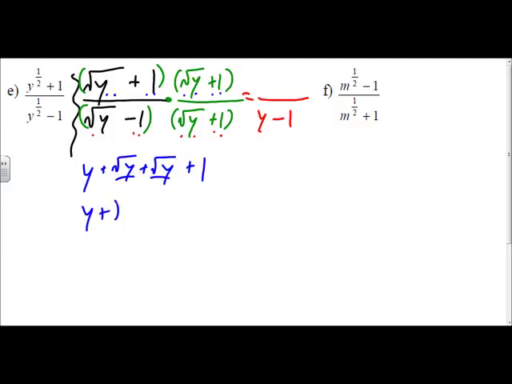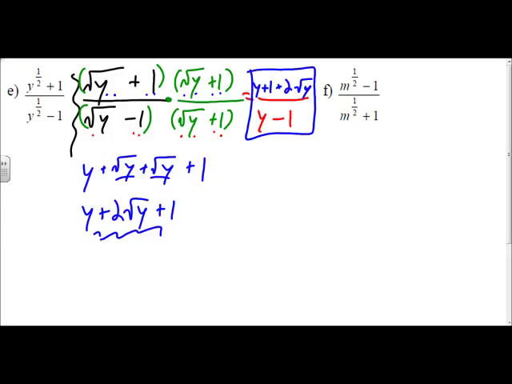So we'd have y plus 2 square roots of y plus 1. And this then is our numerator. Y plus 1. I like putting the radicals at the end. You don't necessarily have to, but a lot of people like it. It just keeps things nice and neat. So in this case, this is our final answer.